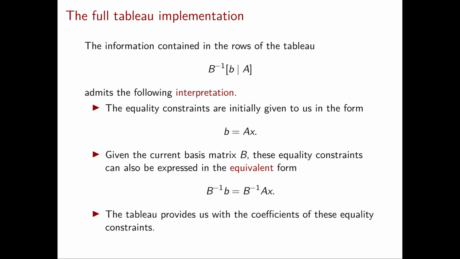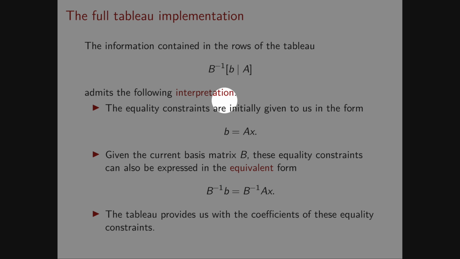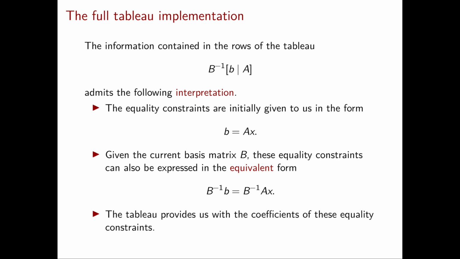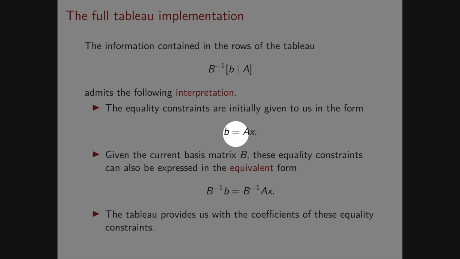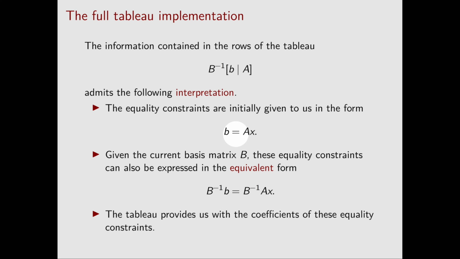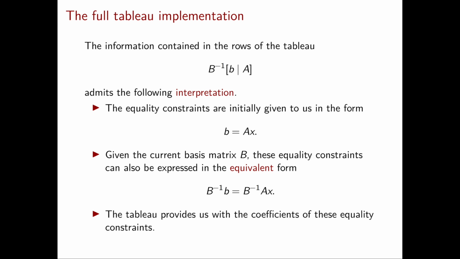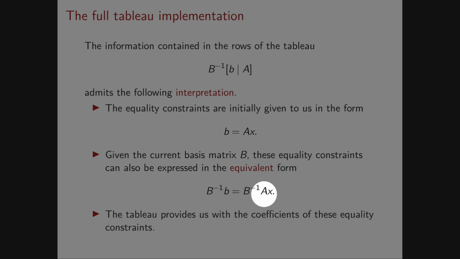Next, we're going to see a very useful interpretation of the full tableau. Remember that in our original linear programming problem, we're given the equality constraints Ax equal to b. Now pick our current basis matrix B, which we know is invertible, and multiply the system of equations on the left by B inverse. We obtain this system: B inverse b is equal to B inverse A x. Now the coefficients of this system of equations are exactly our simplex tableau.